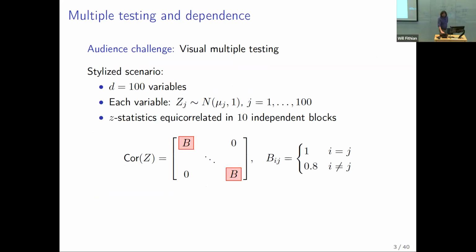In particular, there are 10 blocks of 10 variables each, and the blocks are independent of each other, but within each block, we have equicorrelations between the z-statistics.